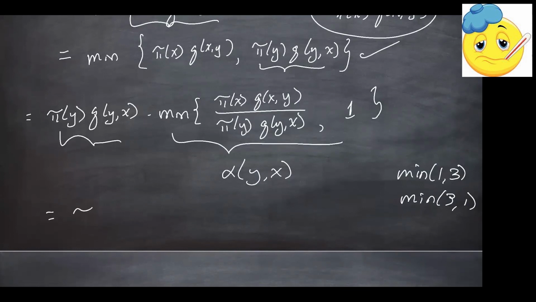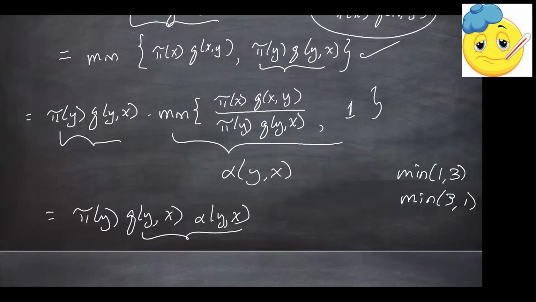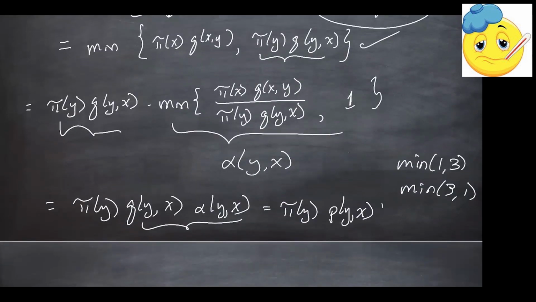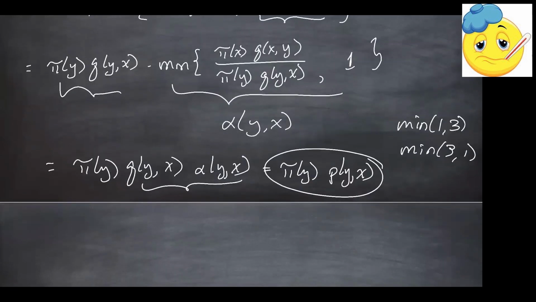So we've got pi of y, q, yx, alpha yx, and this was our pyx. So we've got pi of y, pyx, and we started with pi of x, pxy. And so we have shown, in the case where y is not x, we've got reversibility or detailed balance.